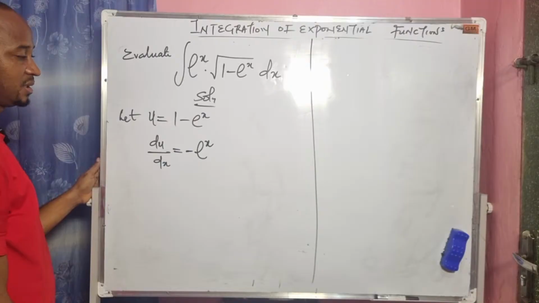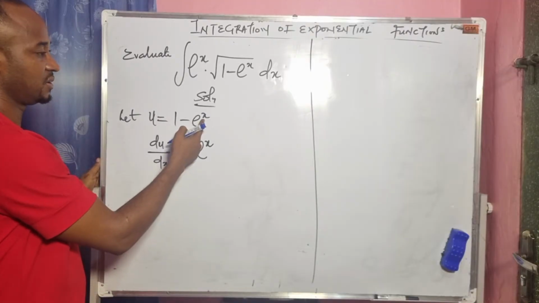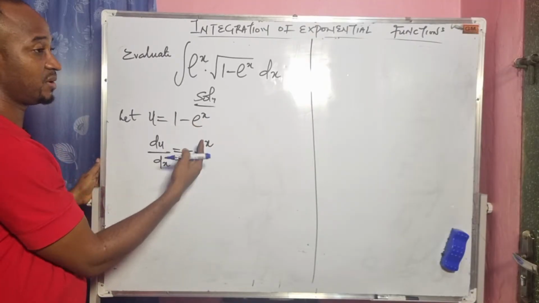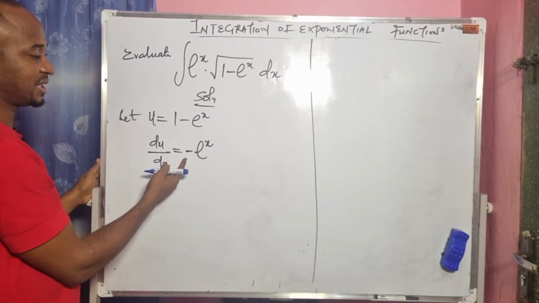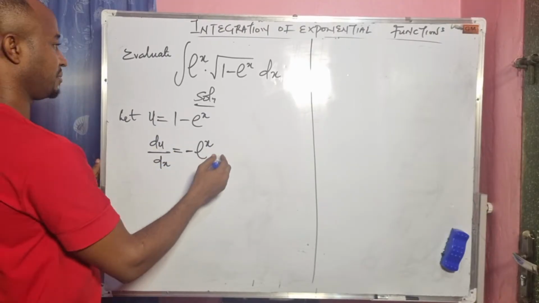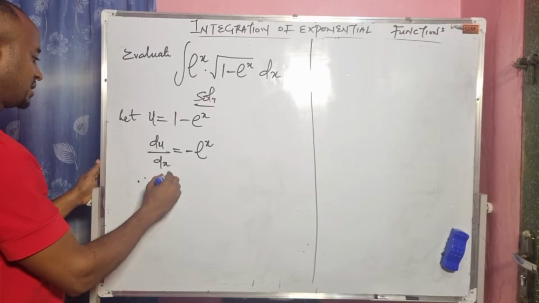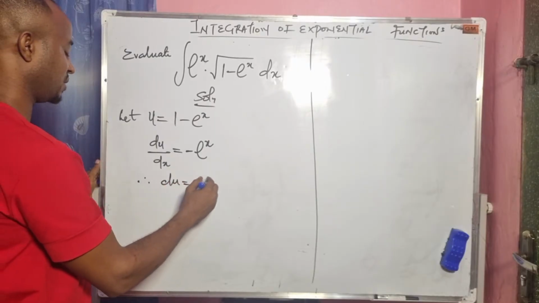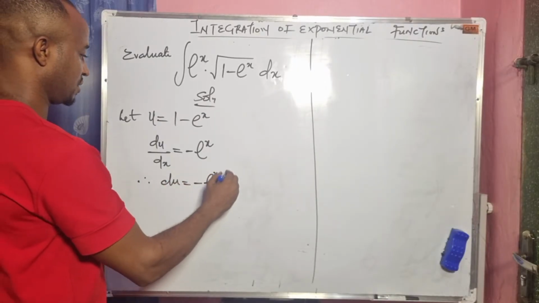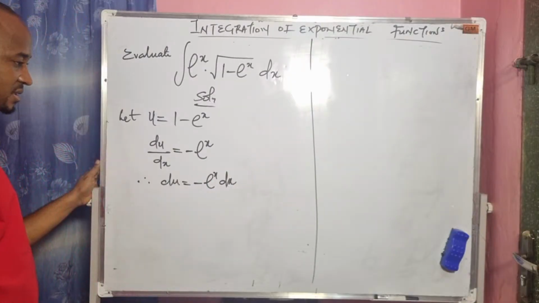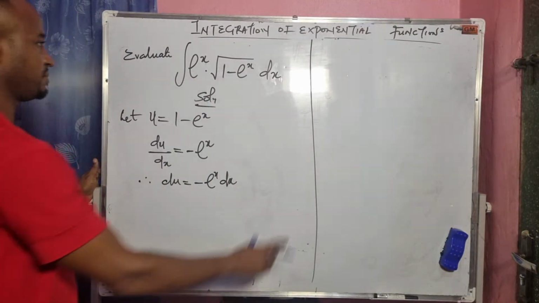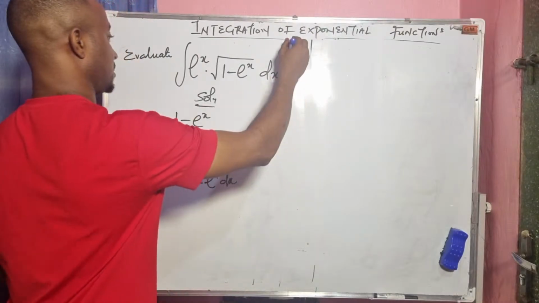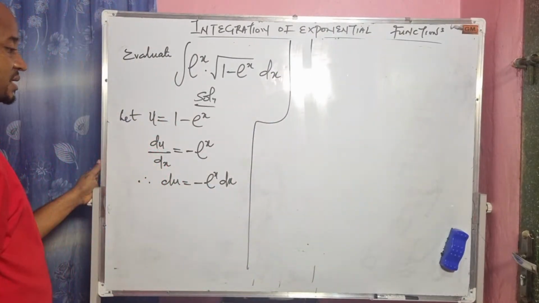Don't forget, differentiating e to the power of x is still e to the power of x. So here we have a minus sign, right? So that implies that our du will give us minus e^x dx. Is that clear? Minus e^x dx. So let's take note.